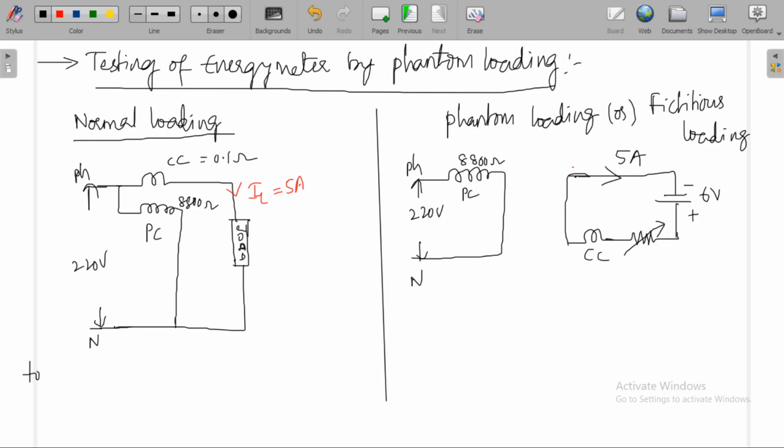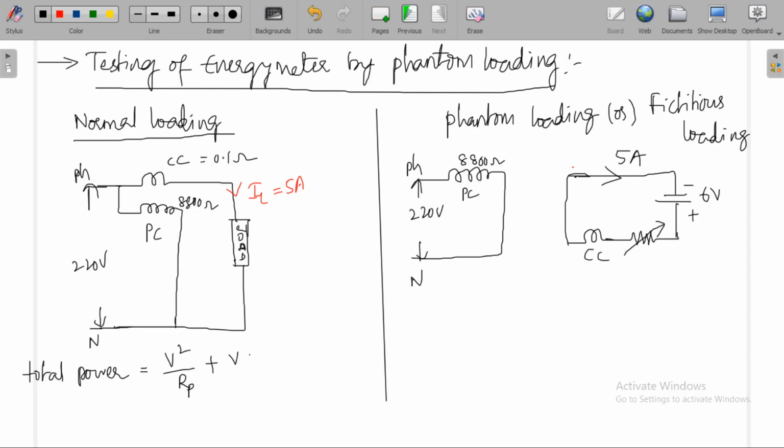Now what will be the total power consumed by this circuit? Total power will be V square by Rp, the power in the pressure coil, plus V into I, the power in the current coil circuit.